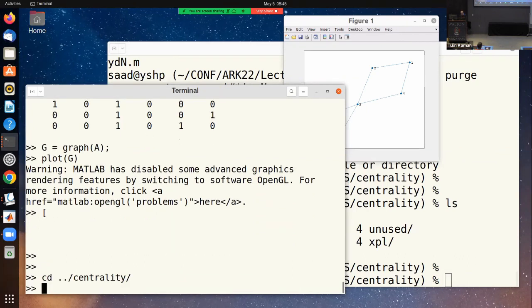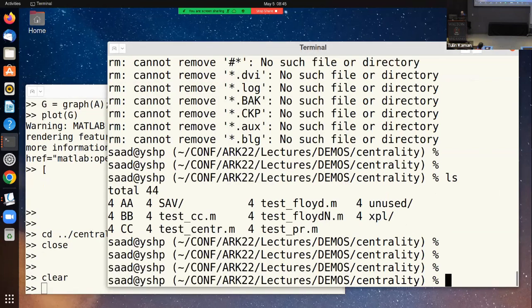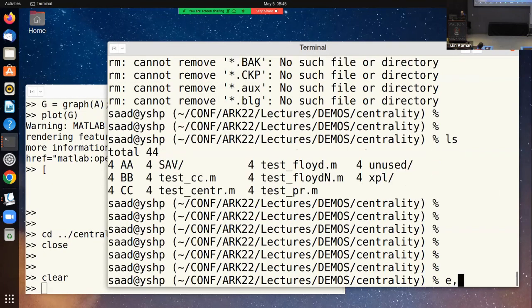We're going to clear everything, not to repeat the same mistake as yesterday. So degree centrality is not too interesting. It's a very simple one. Let's look at the one that you get from closeness centrality.